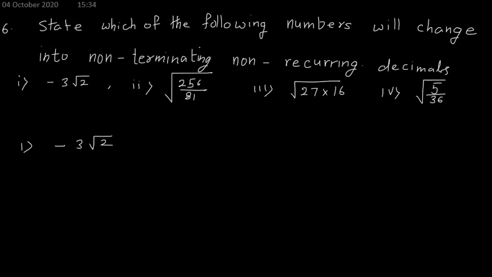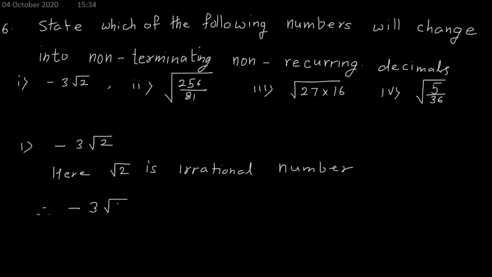Here root 2 is an irrational number. Therefore, minus 3 root 2 is an irrational number.